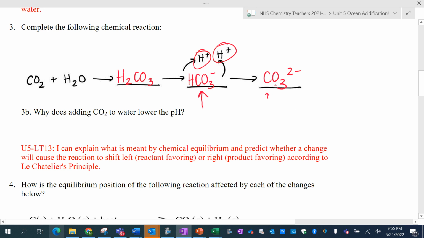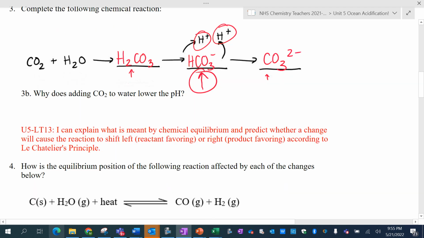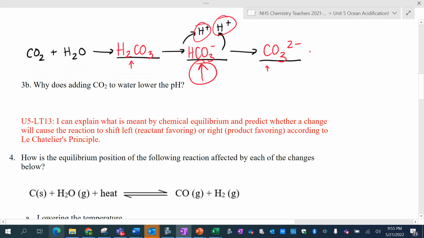And eventually, if the ocean becomes even more acidic, then the carbonic acid would be the most favored. But as it stands, this one gets the biggest arrow because the more hydrogen ions there are in solution, they're combining with these carbonates, forming the bicarbonate.